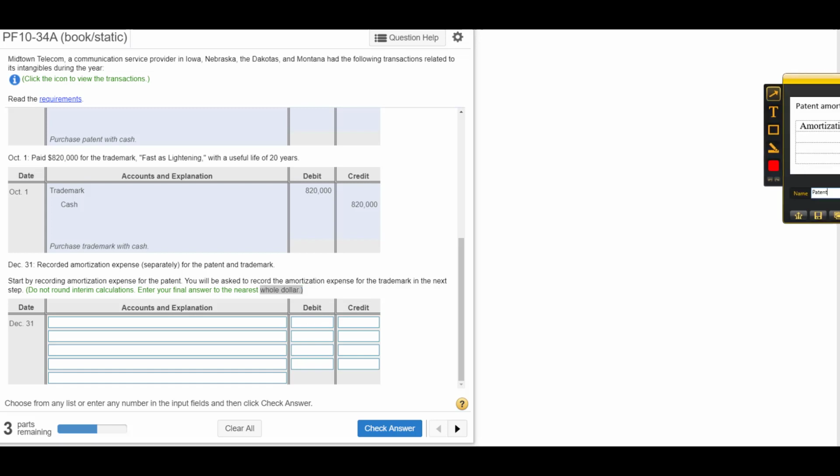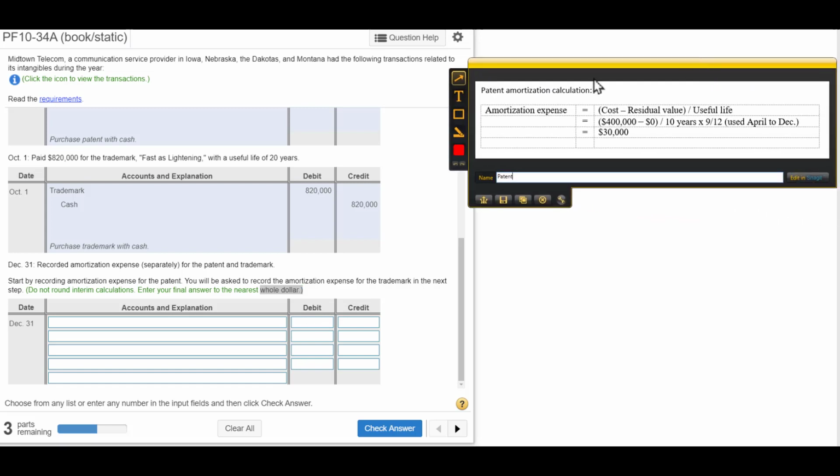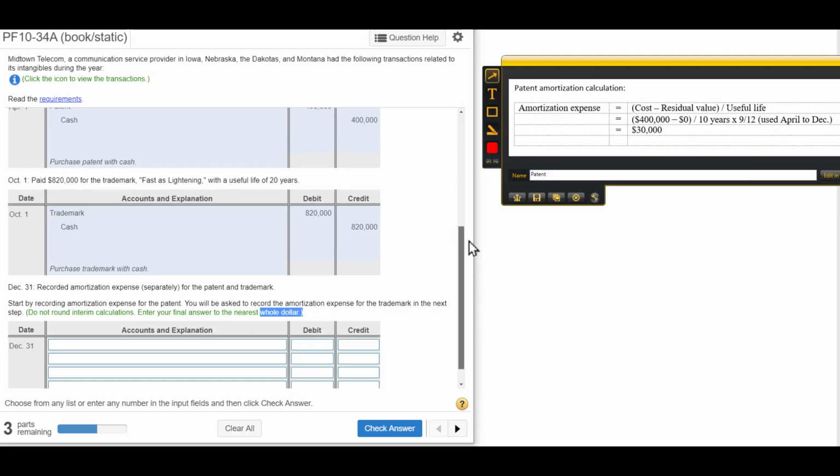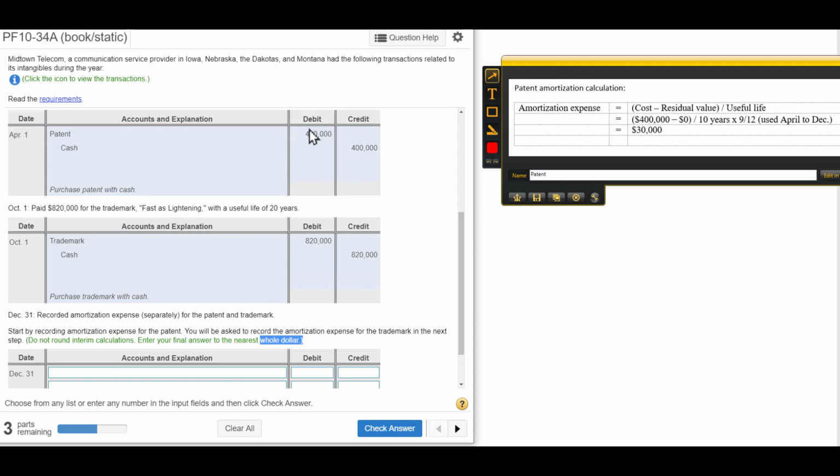Here is how we're going to calculate the amortization on the patent. It's straight line, which is cost minus residual value divided by useful life. Here's the 400,000, that's why I'm using 400,000 here. Most intangibles have a zero residual value.